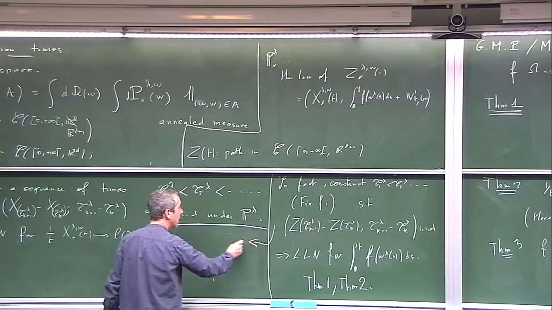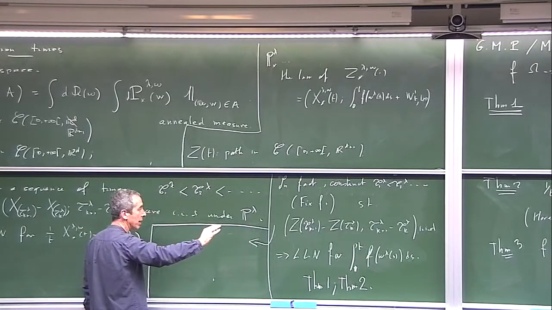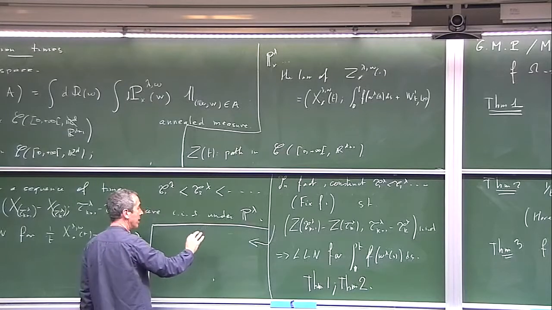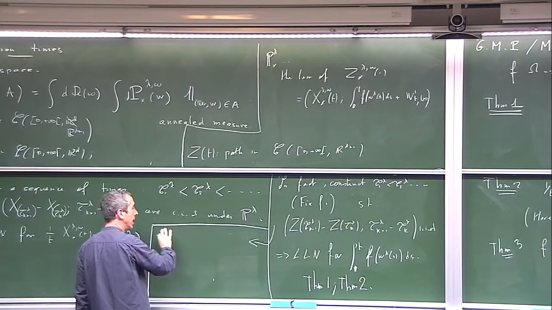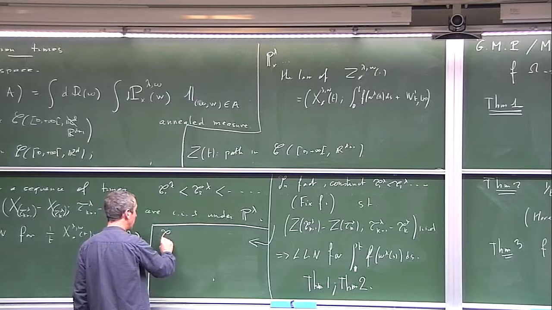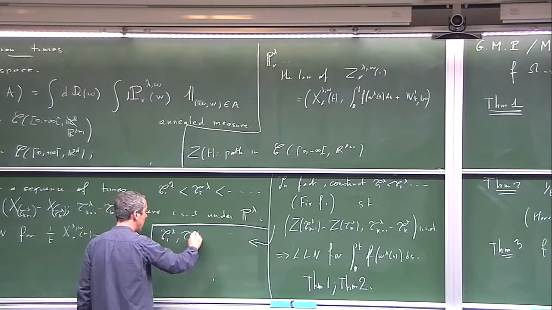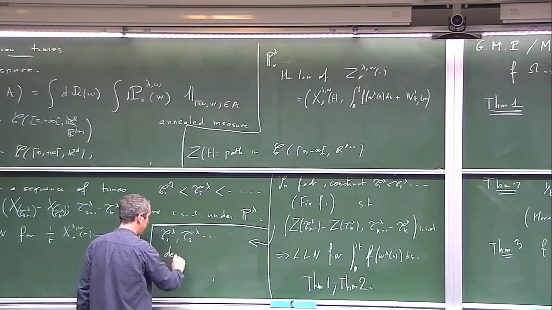So here, I don't indicate everything the regeneration times depend on. I usually indicate that they depend on lambda, but actually tau 1 lambda, tau 2 lambda, etc., they will depend on f.